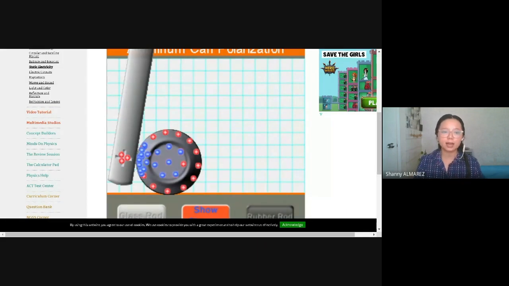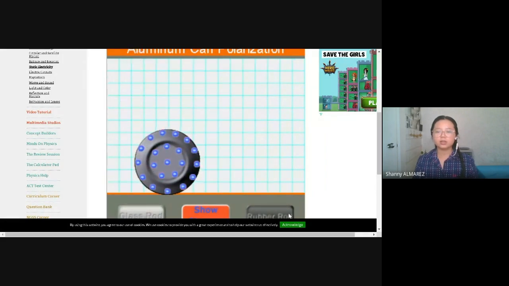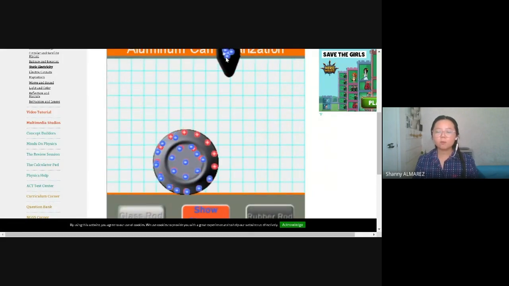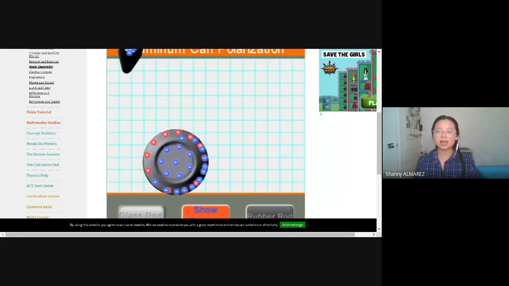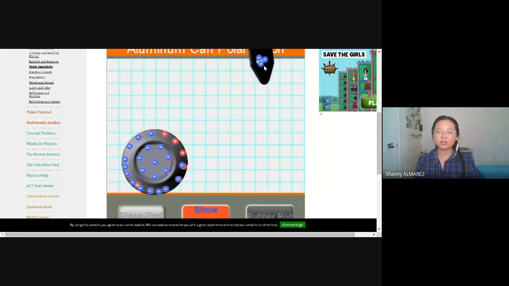So, paano naman ngayon kapag, sige, yung isa naman, so tapos na tayo sa positive charge. Ito ngayon, ito yung mas malapit dun sa ating balloon experiment kanina. Kasi ito ay negatively charged.